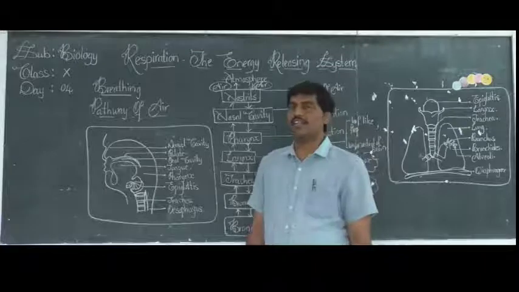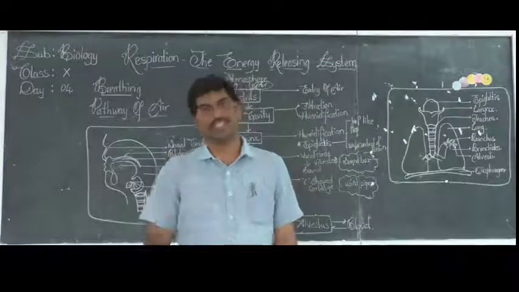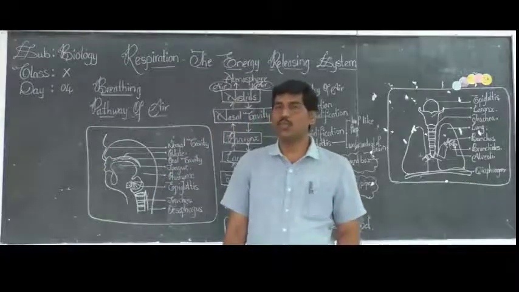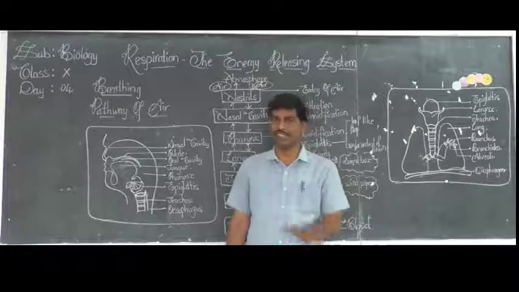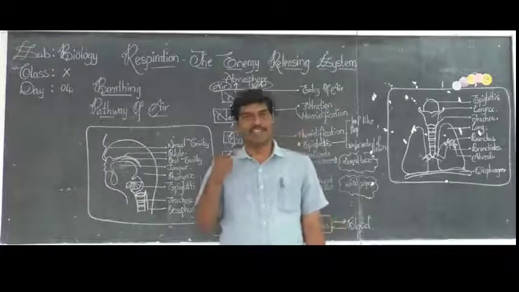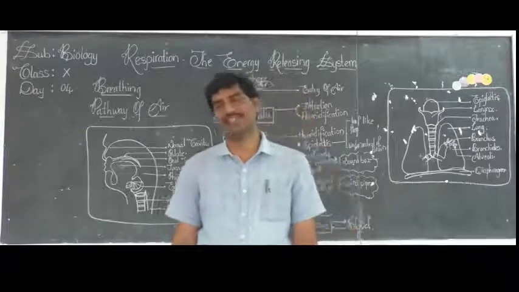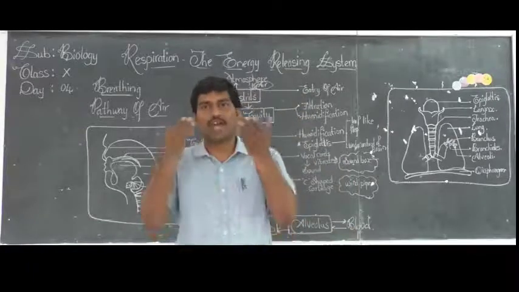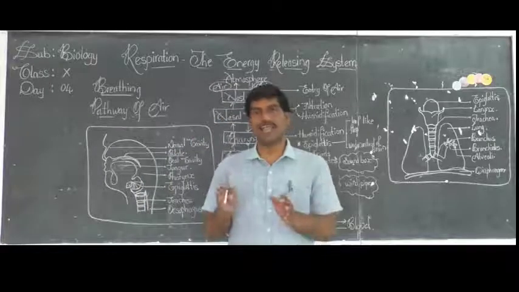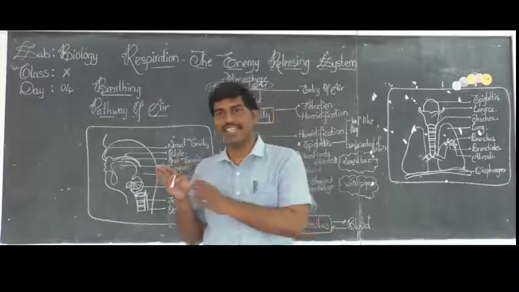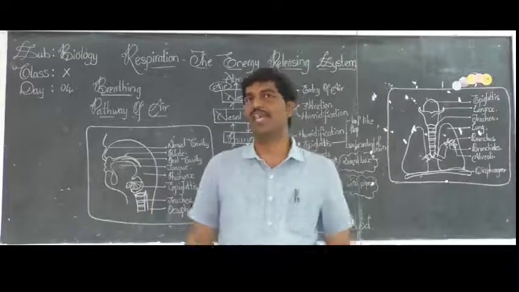The nose has openings which are called nostrils. There are 2 nostrils which are separated from each other. The right one is the right nostril and the left one is called the left nostril. These nostrils open outward, so we call them external nares, or otherwise nares.